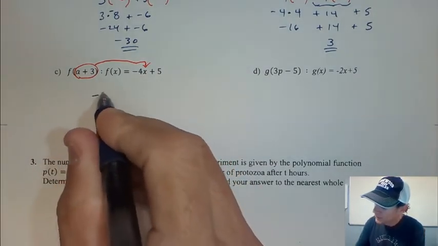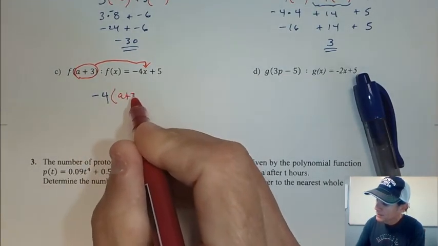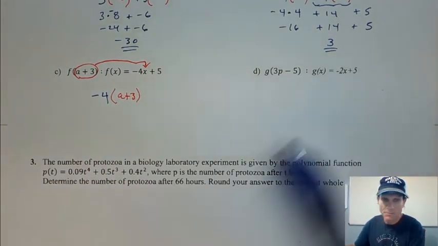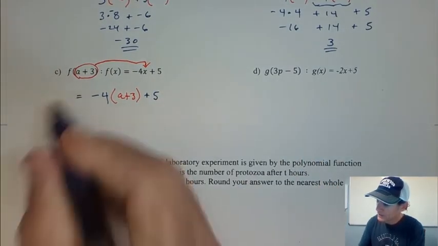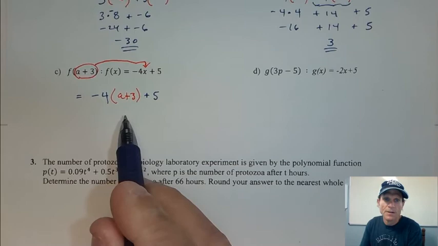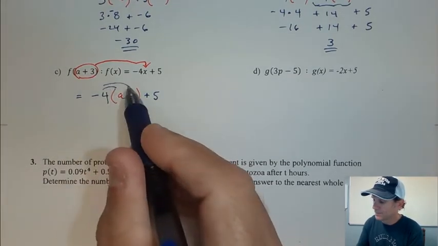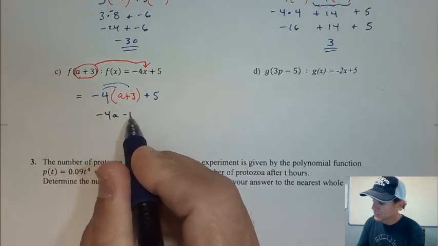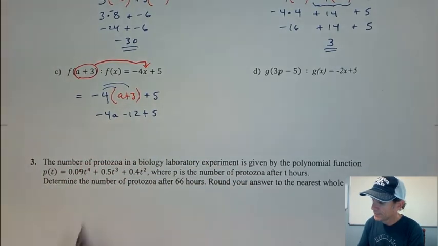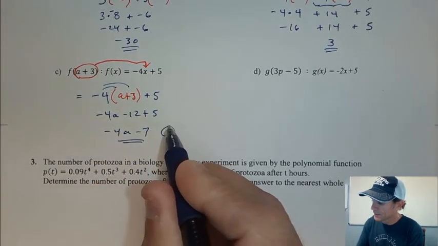Okay, so I have -4 times a plus 3, that's my substituting or input value, plus 5. Now technically this is an okay answer, but I would like to see it in simplified form, and we get -4a minus 12 plus 5, -4a minus 7, like that, a little bit better.